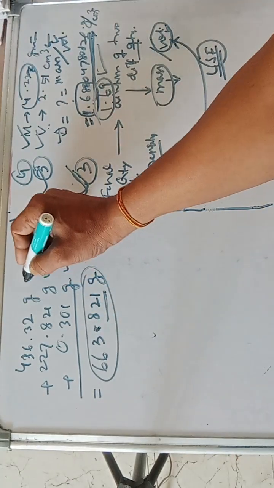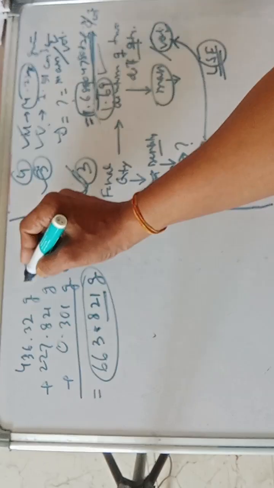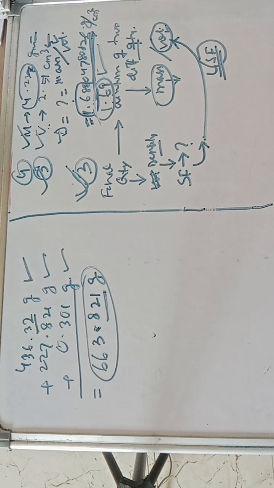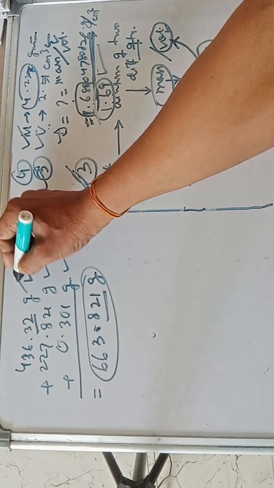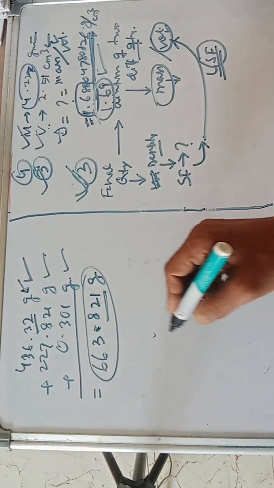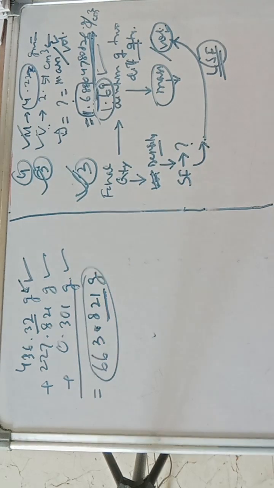But already one term has only 2 digits after the decimal point. That means it has already more precision. Now we cannot go for less precision in our result.